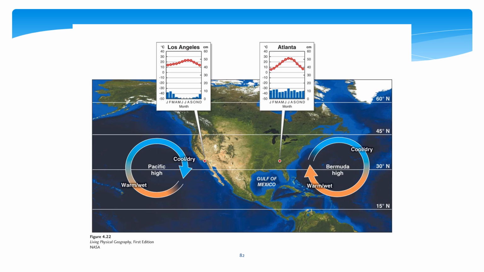In Atlanta, on the east coast of the continent, it's getting its moisture. Remember, it's on a warm ocean current side. The Gulf Stream is there. The Gulf Stream is very warm. It brings lots of warm, moist air. So let's look at what's going on with our Bermuda High. It's a high pressure system, so it is spinning clockwise.